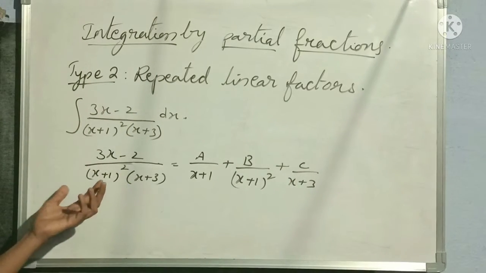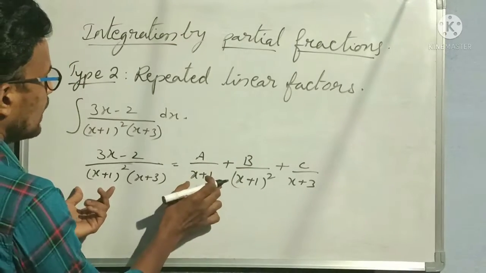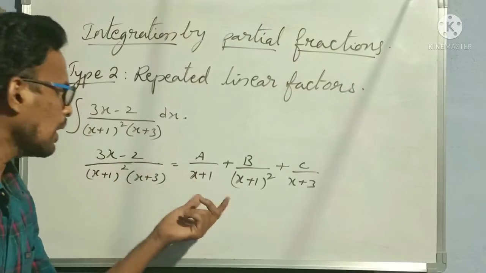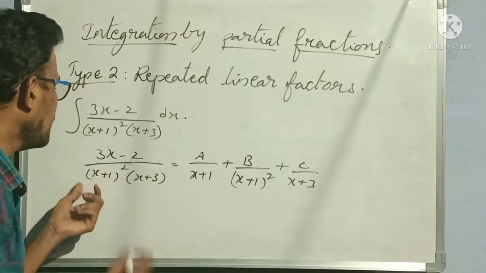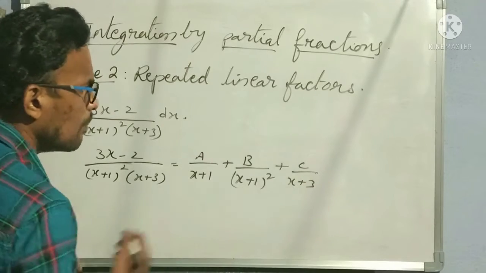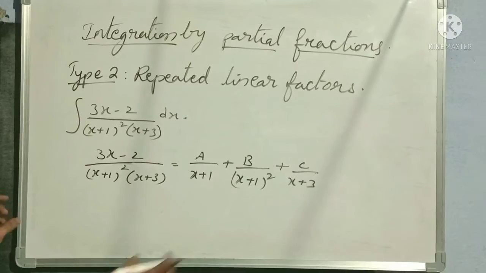Here 2 times it is repeated, so we have to start with A by the single factor only. What is the single factor here? x plus 1, right? So A by (x plus 1) plus, for the repeated factor, B by (x plus 1) whole square, plus C by (x plus 3). This is how we have to write.